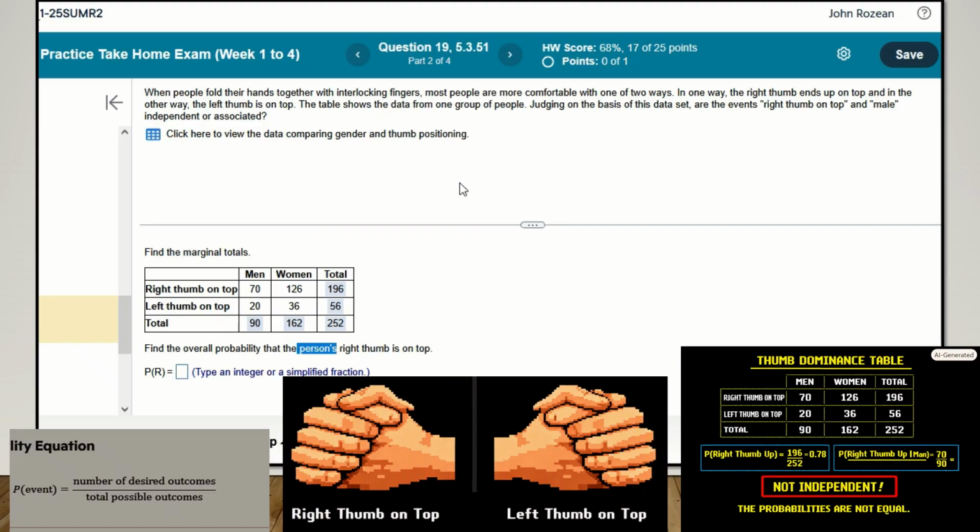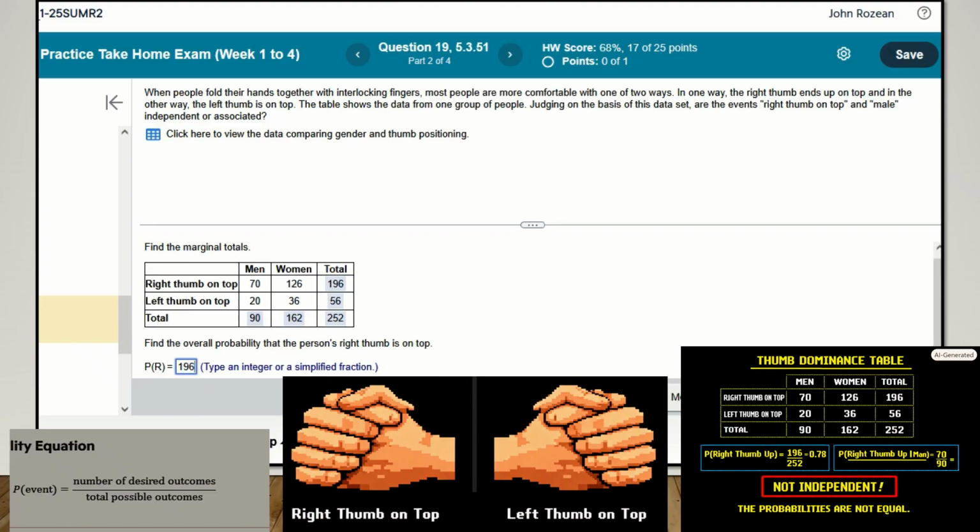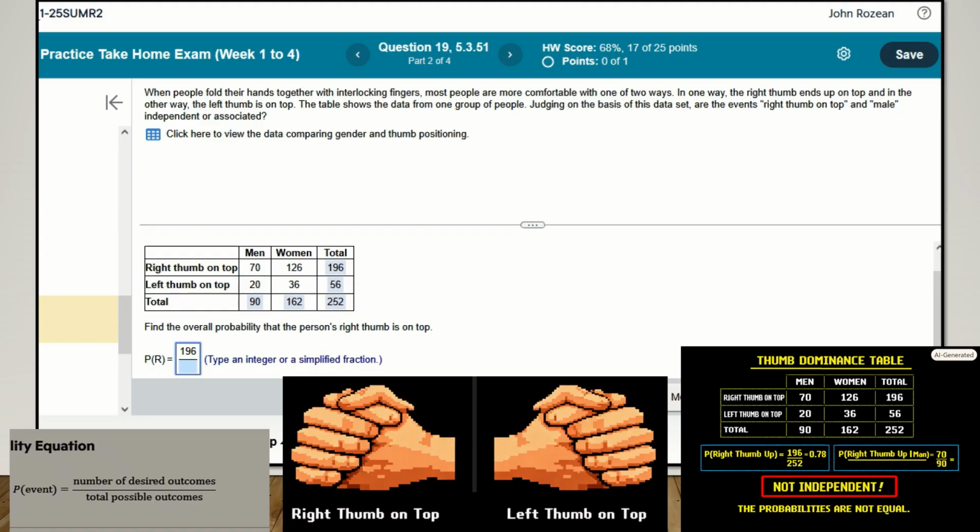Or maybe we're not making fists, we're just interlocking the fingers. So interlocking your left and your right, which one ends up on top. Sorry, making a fist. I didn't mean to get violent at 4:30 in the morning. But anyway, notice that our total rights are 196, and our total out of the entire sample is 252.